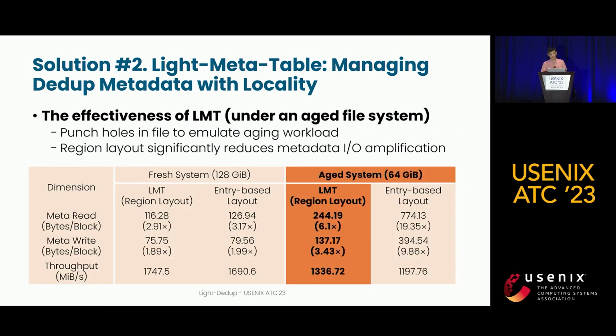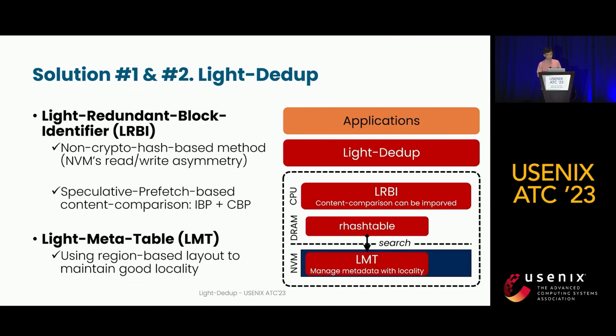Here we show the effectiveness of LMT under an aged file system. We punch holes in the file to emulate the aging workload. The result shows that the region layout of LMT can significantly reduce metadata I/O amplification. In a nutshell, combining both LRBI and LMT, we built Light-Dedup.